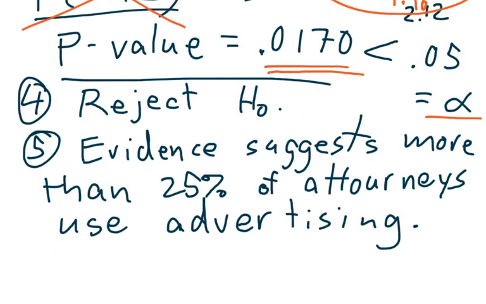So we can summarize it as follows. The evidence suggests that more than 25% of attorneys use advertising. Basically, in these new variations that we're going to do, step 1 will automatically be exactly the same.